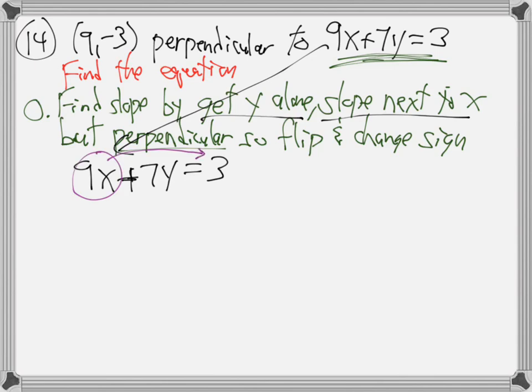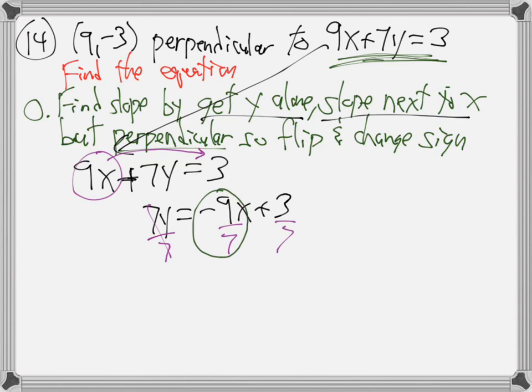Jump it over. Get y alone. Okay, so minus 9/7, that's the slope of the other equation. Minus 9/7 is the slope of the other equation.